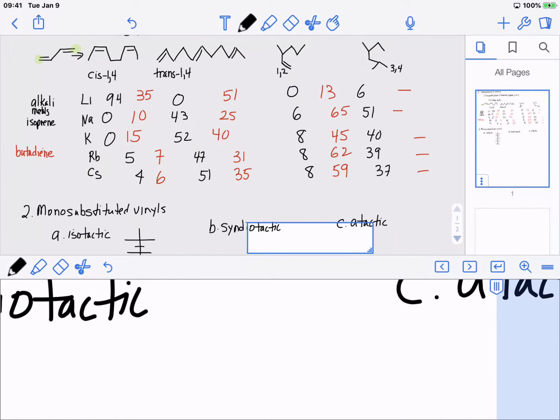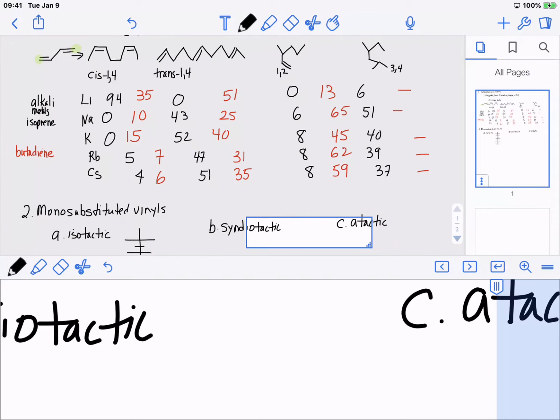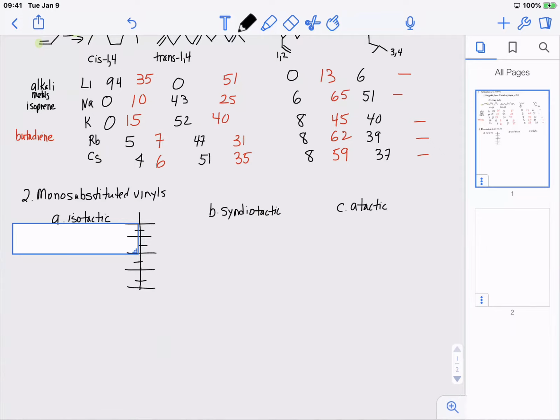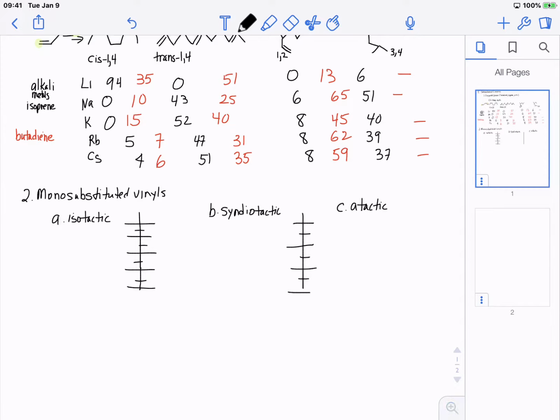I can't draw enough of these to really do justice to how complex it might be, but I'll try.